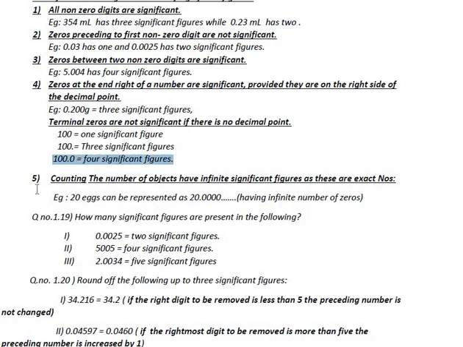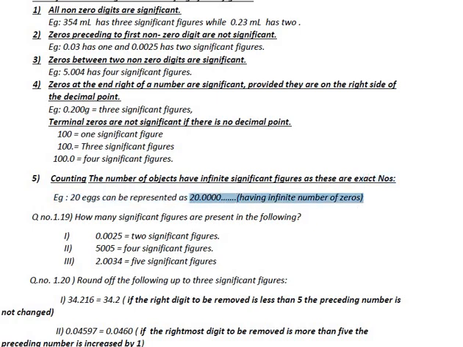Now we come to the last rule. Counting numbers, or the number of objects, have infinite significant figures, as these are exact numbers. For example, if we say 20 students, or 100 pens, or 5 people, such exact numbers can be represented as 20.000 with an infinite number of zeros.